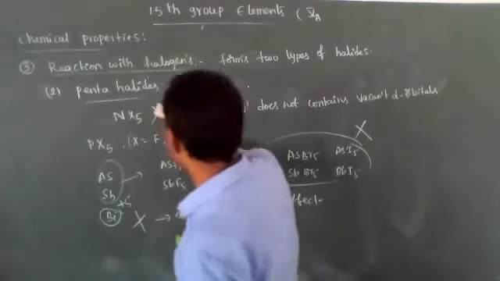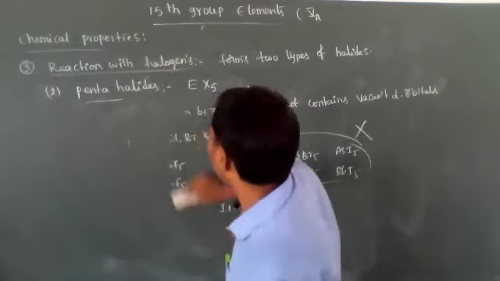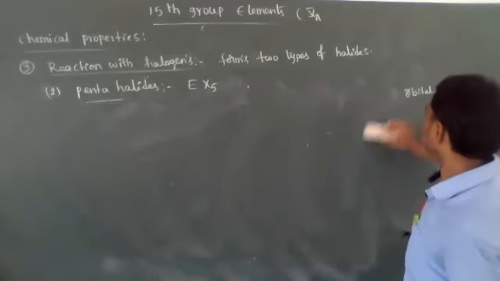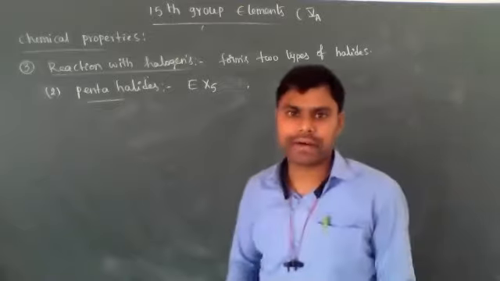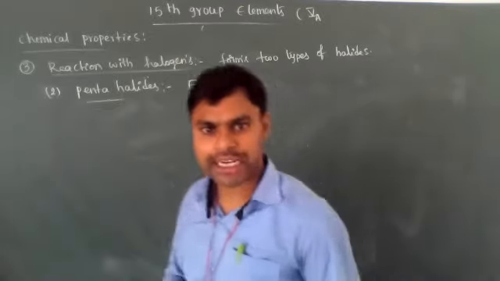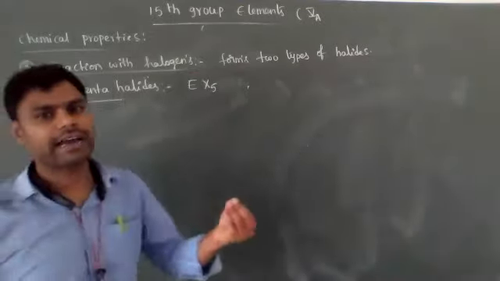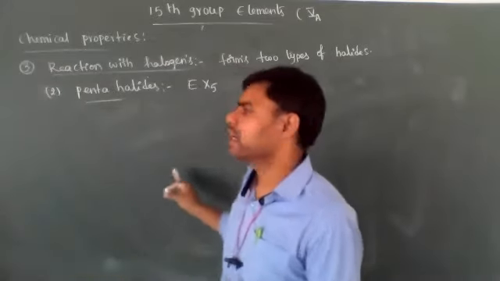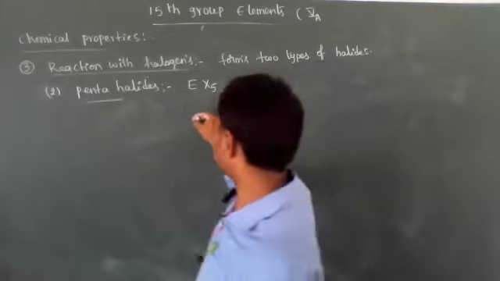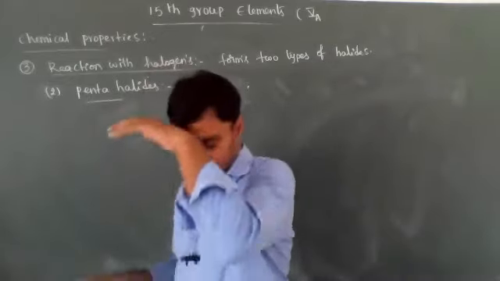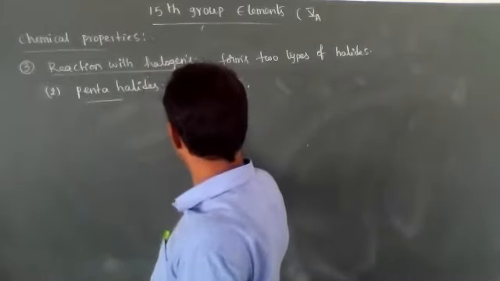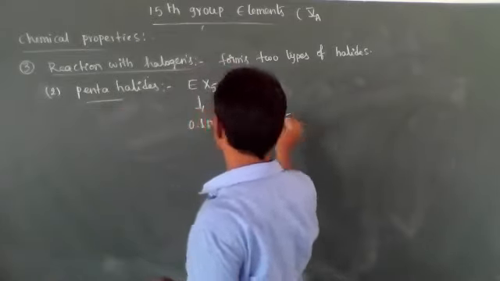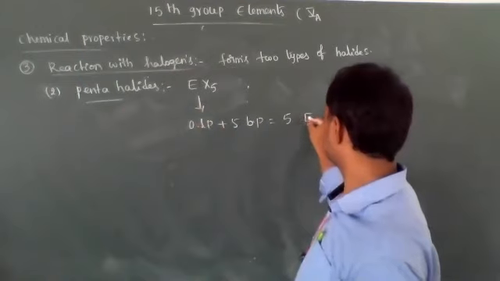Okay. Now let's see the structure of pentahalides. Generally, group 5A elements have 5 valence electrons in their outermost shell. The 5 valence electrons are involved in bonding, so there is no lone pair. So EF5 contains 0 lone pairs plus 5 bond pairs, so a total of 5 electron pairs are present.